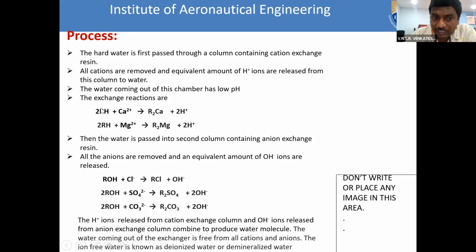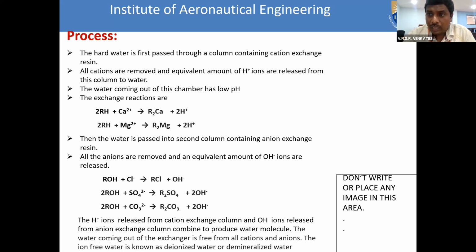This resin captures the hardness-causing salts from the sample of the water. That means this resin captures the calcium ions and releases the H plus ions. Already I said that in a cation exchange resin, the exchangeable ion is the H plus ion. So initially that resin has the H plus ion, which drives the process.